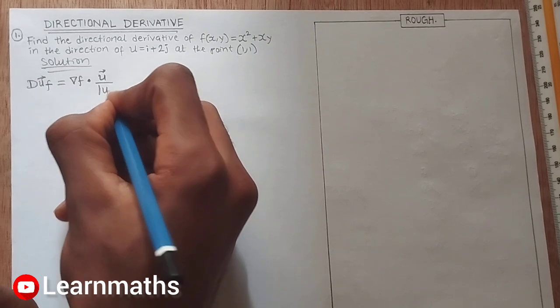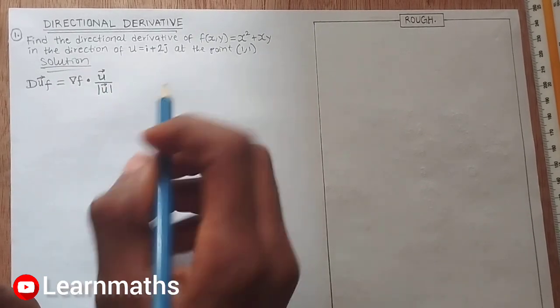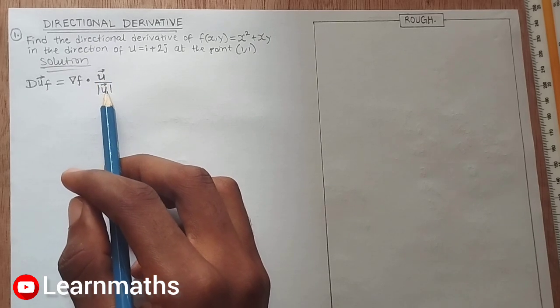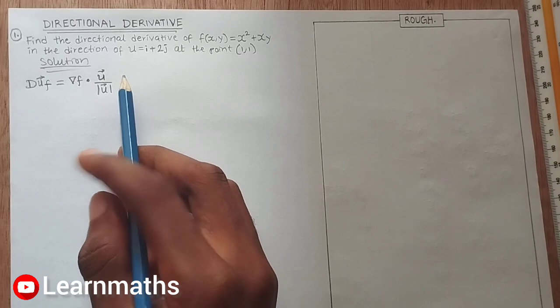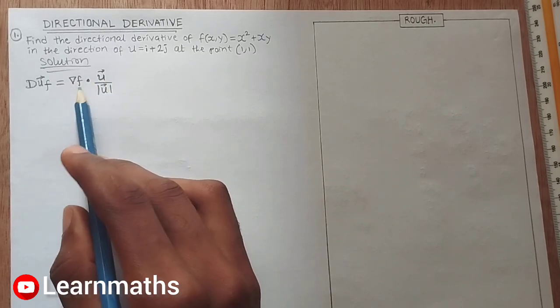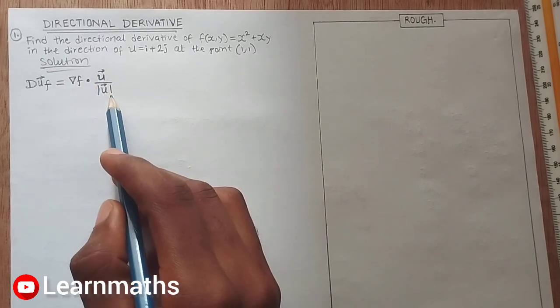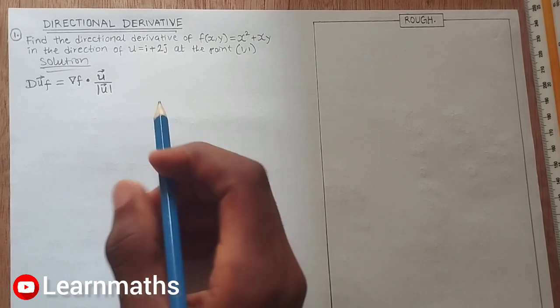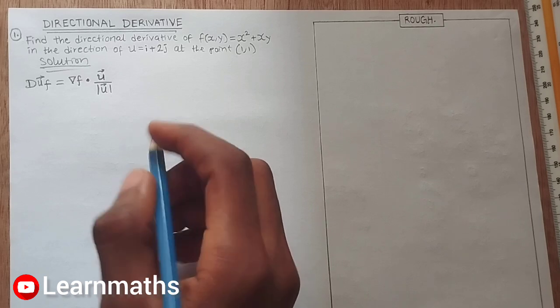This is the vector u, and this is the magnitude of u, the unit vector. So we're going to find this and then this, then multiply both of them using the dot product. Okay, so let's see.